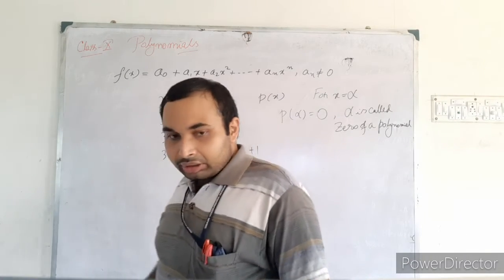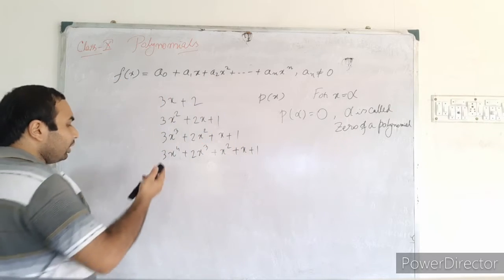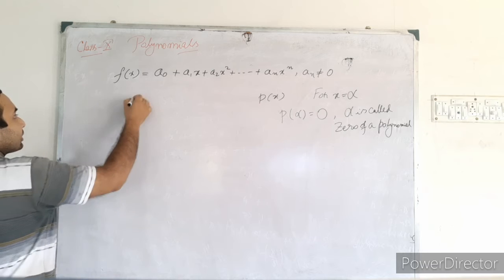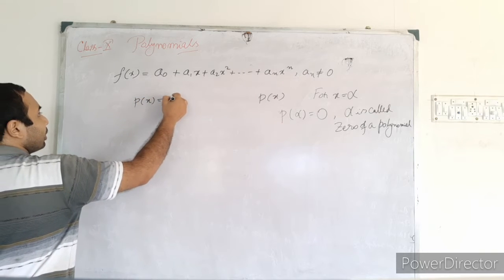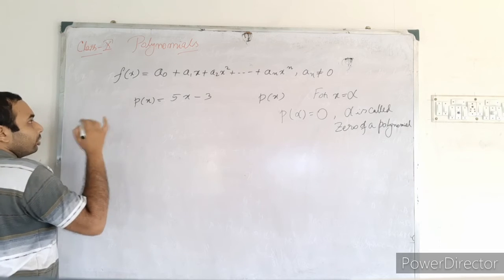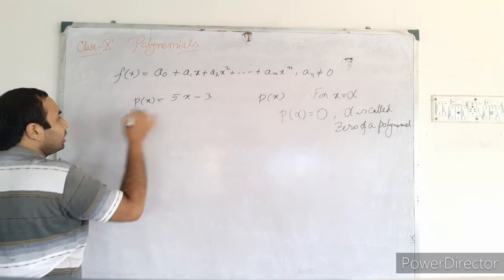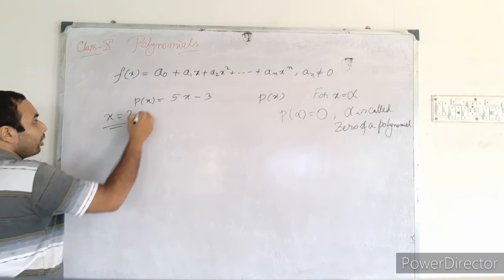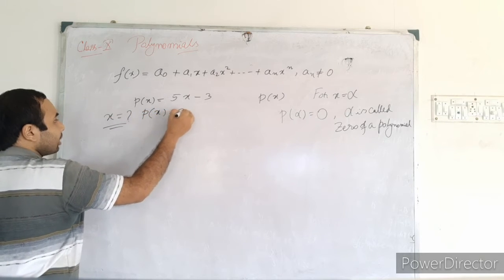Now students, for a simple example, suppose p(x) equals 5x minus 3. We need the value of x for which p(x) is 0.